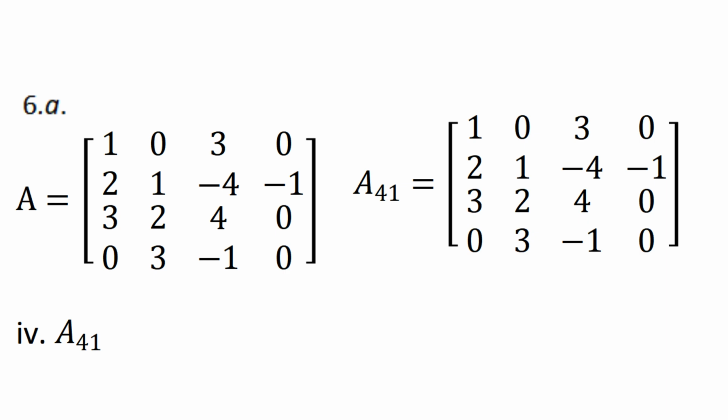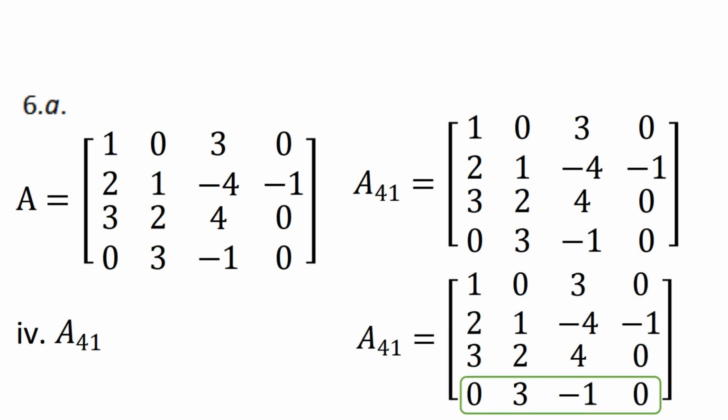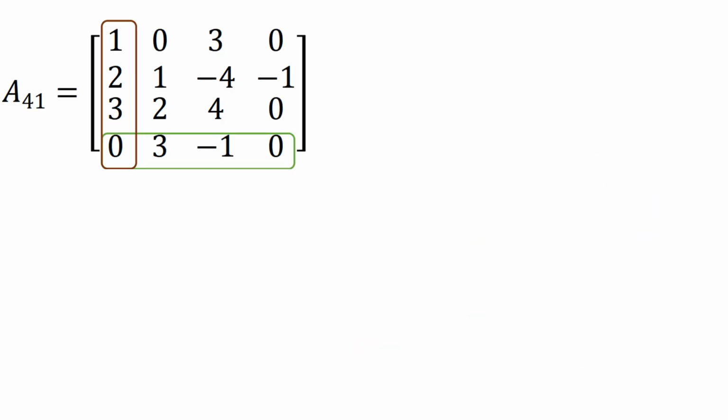A sub 41 is the cofactor of the element in row 4, column 1 of the original matrix. As you can see, our row 4, we have 0, 3, negative 1, and 0. And our column 1, we have 1, 2, 3, and 0. Our row 4, column 1 is equal to 0 from the given matrix.